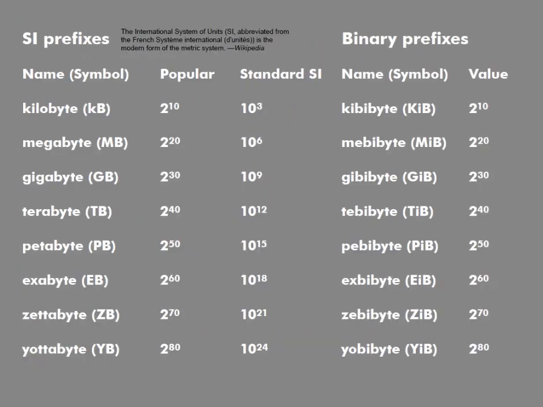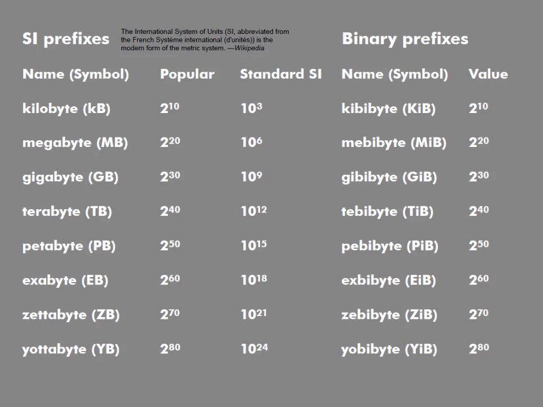So these are common terms for sizes of data or sizes of storage of data. SI is the International System of Units, abbreviated from the French Système International d'Unités. This is the modern form of the metric system. So here are the names. Kilobyte, you probably heard of kilobytes. You may have data or file sizes or memory in kilobytes.